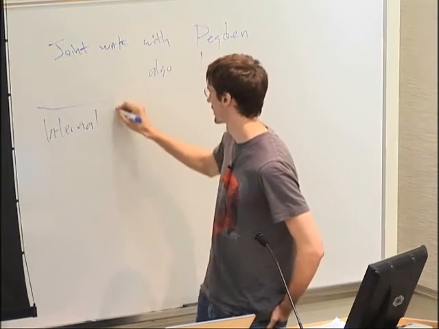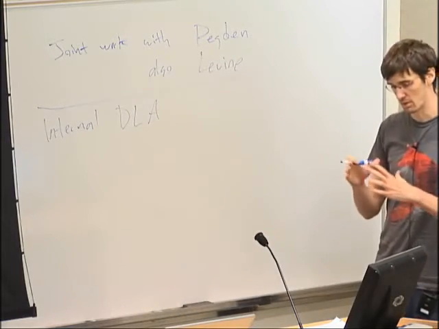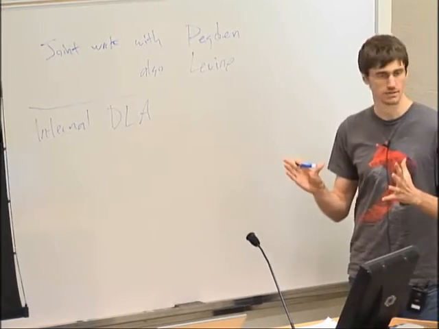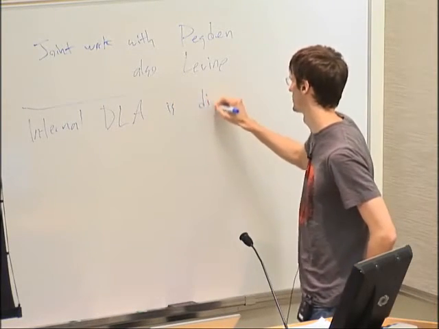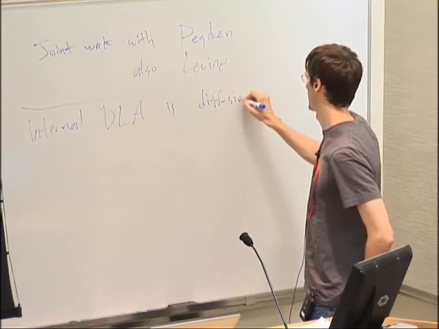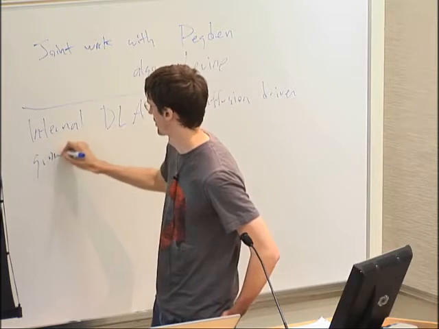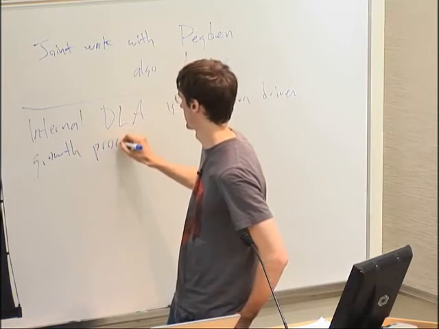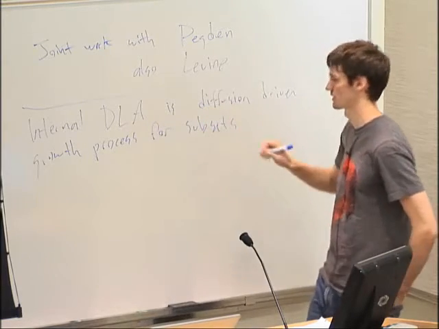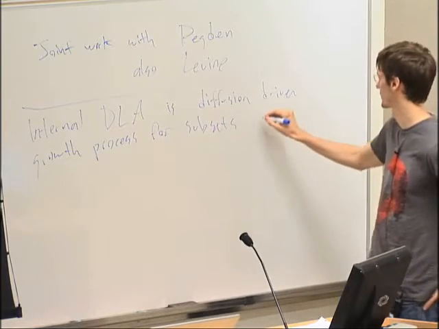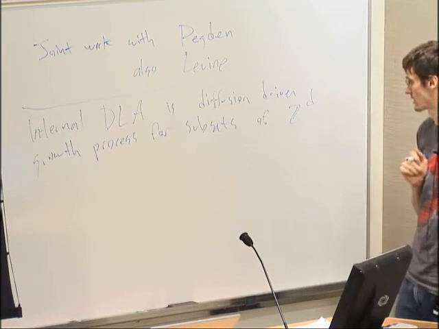Internal DLA, or internal diffusion limited aggregation, is a growth process for subsets of the integer lattice. So this is a diffusion driven growth process for subsets of the integer lattice Z^d, the d-dimensional integer lattice.